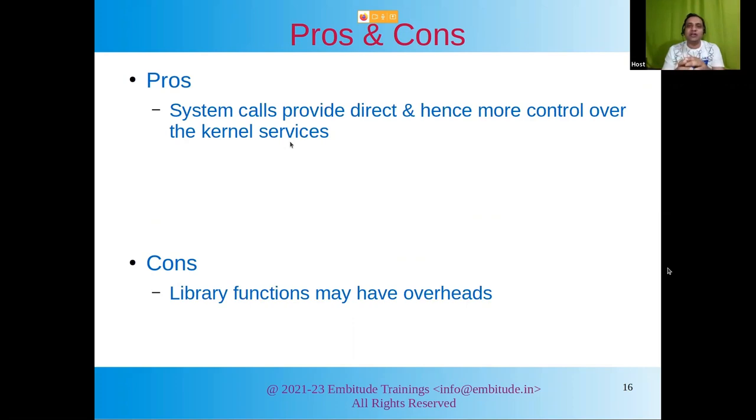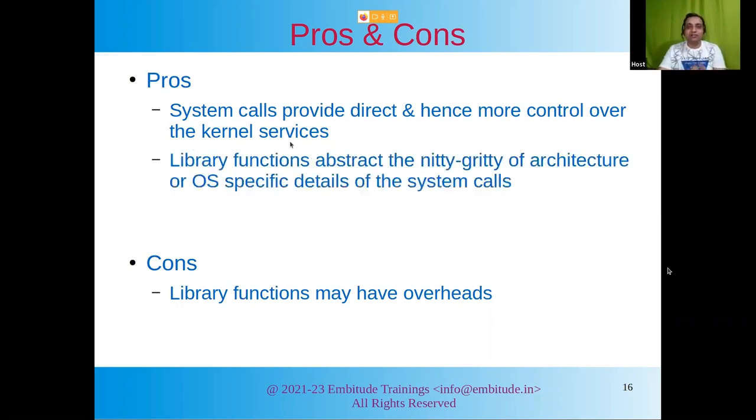As you rightly pointed out, fopen will eventually invoke open, so it has some overhead. For example, when you use fopen, it internally creates a context and data structures. But what we achieve with this overhead is portability. There is always a trade-off. If you want to achieve portability, of course there will be a few more calls.